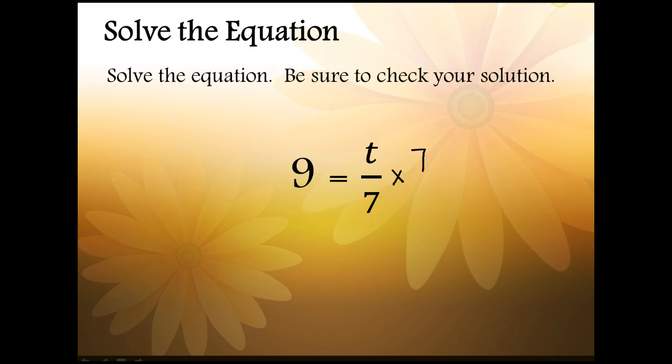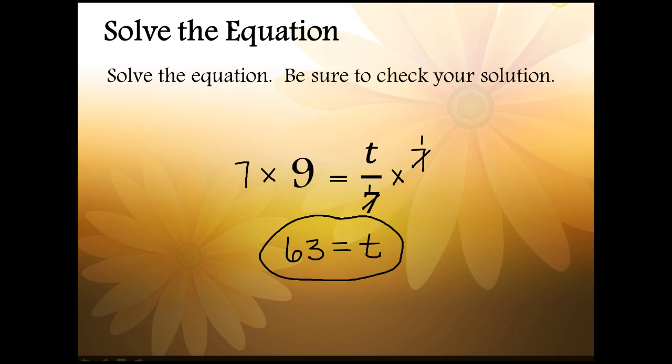On the left-hand side, I'm going to multiply by 7. Then 7 times 9 equals 63. And on the right-hand side, the 7 and the 7 cancel each other out. They both become 1's, which leaves me with 1 times t, which equals t. So 63 equals t. And then, of course, I plug my answer back in and check to make sure that 63 divided by 7 does in fact equal 9.